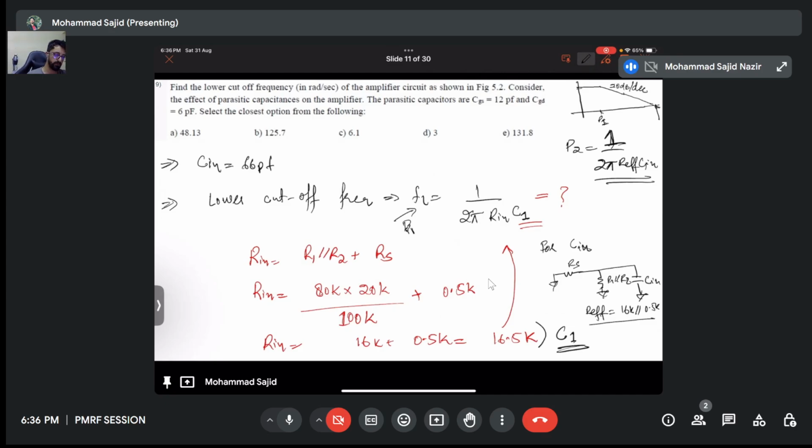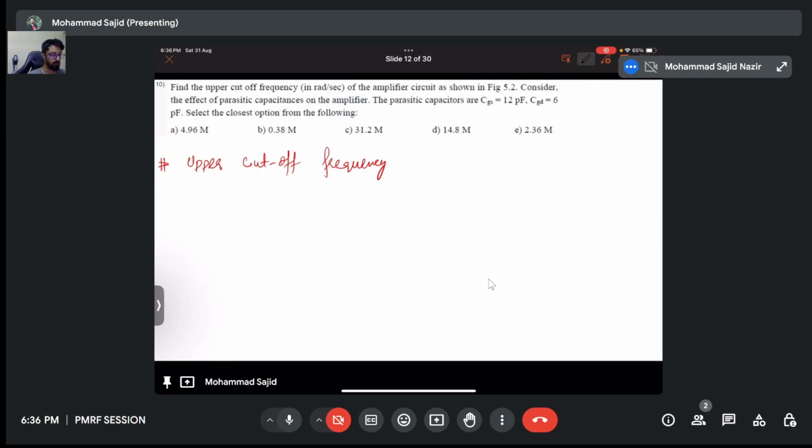Now, on to the 10th question, the last part of this circuit: the upper cutoff frequency. For that, we will calculate the output effective capacitance first.